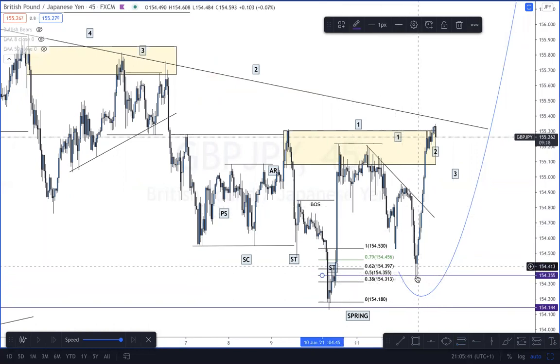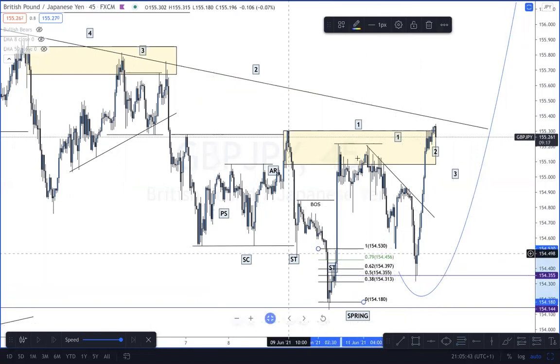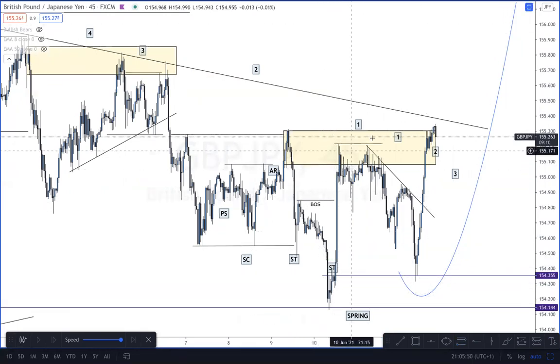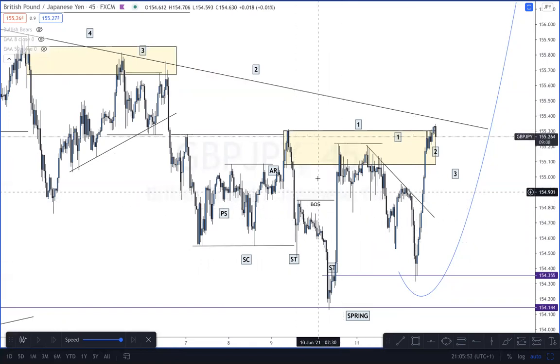Right there, onto that 50% once again, a sell to buy candle, dropped into it, broke market structure, nicely giving you the intention.